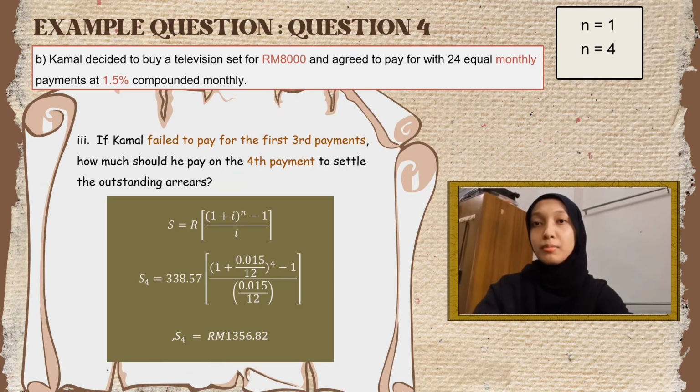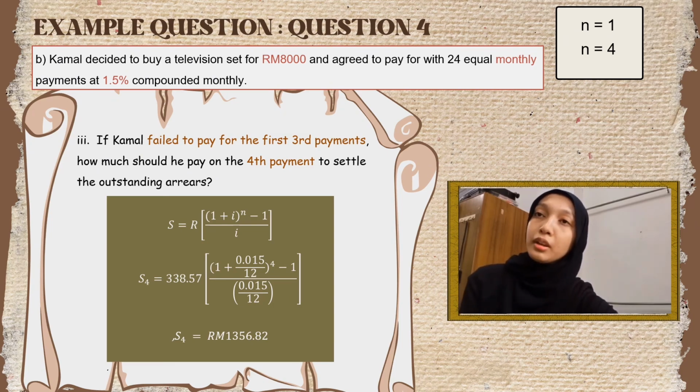RM 125.68. Third question: if Kamal fails to pay for the first 3 payments, how much should he pay on the 4th payment to settle the outstanding arrears? So now we are going to find the outstanding arrears, and we can use this formula, which is S = R[((1 + i)^n − 1) / i].